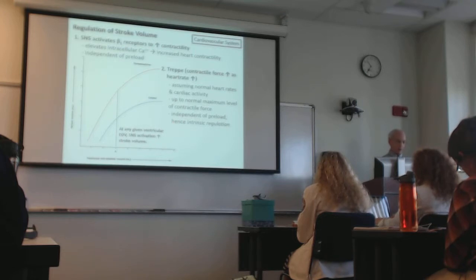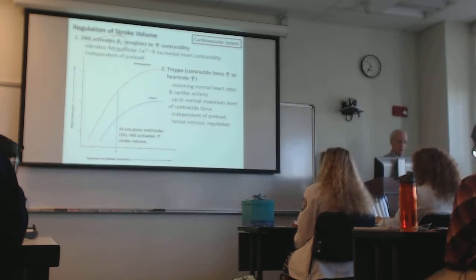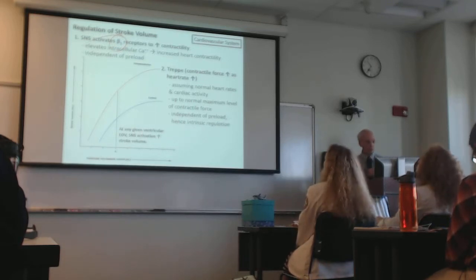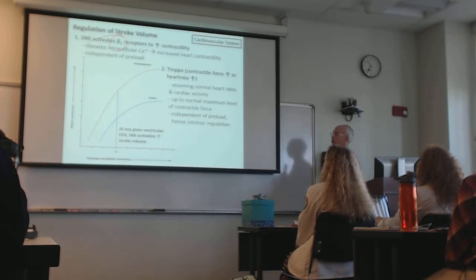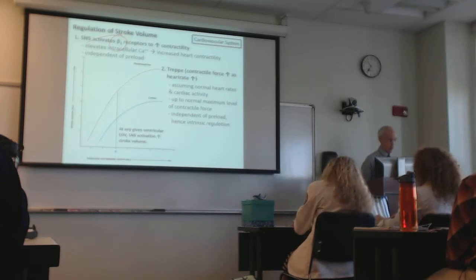We've talked about the sympathetic nervous system. The sympathetic nervous system acts chiefly on beta receptors, and we talked about alpha receptors for heart rate, beta receptors to increase contractility. But either way, the sympathetic activation is going to increase both rate and force of contraction. It's going to have both a chronotropic and an inotropic effect. And then we've seen this word before.